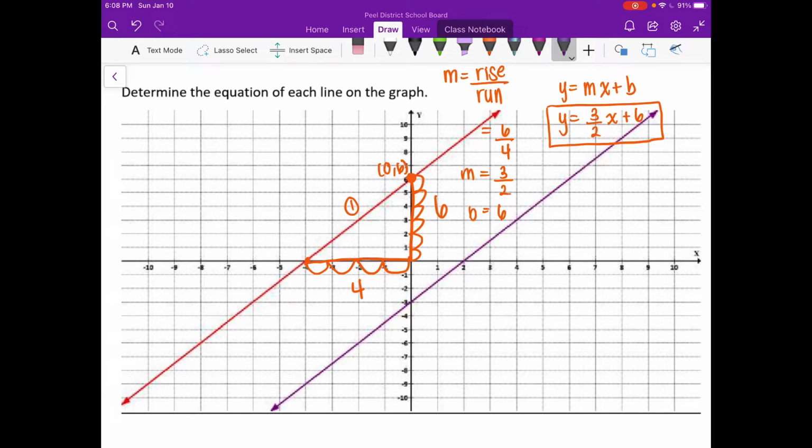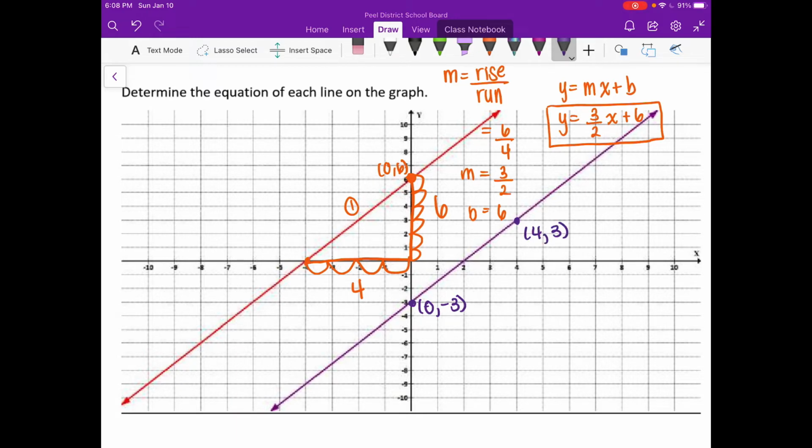Okay, let's do the same thing with purple. This time I'm going to use the y2 minus y1 formula. Both are acceptable methods. Whichever one you want to use is completely up to you. It just depends on which one you're more comfortable with. So I'm going to take this one. This is (0, -3). This one is (4/3, 3), right?